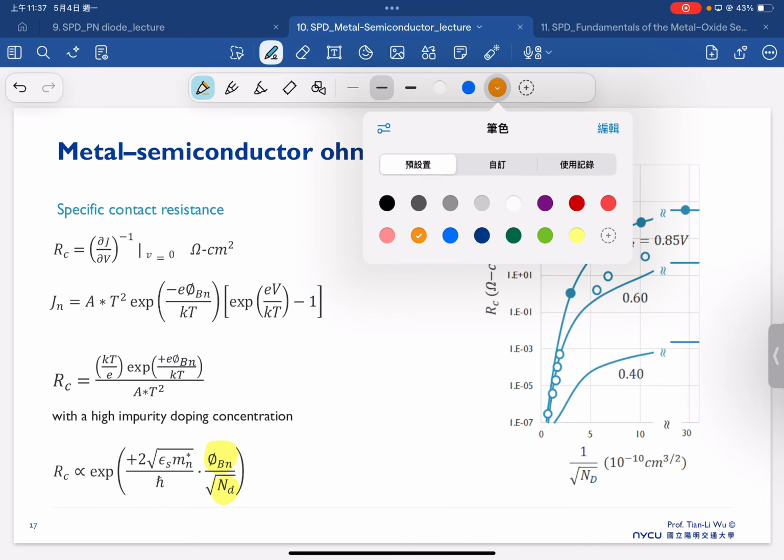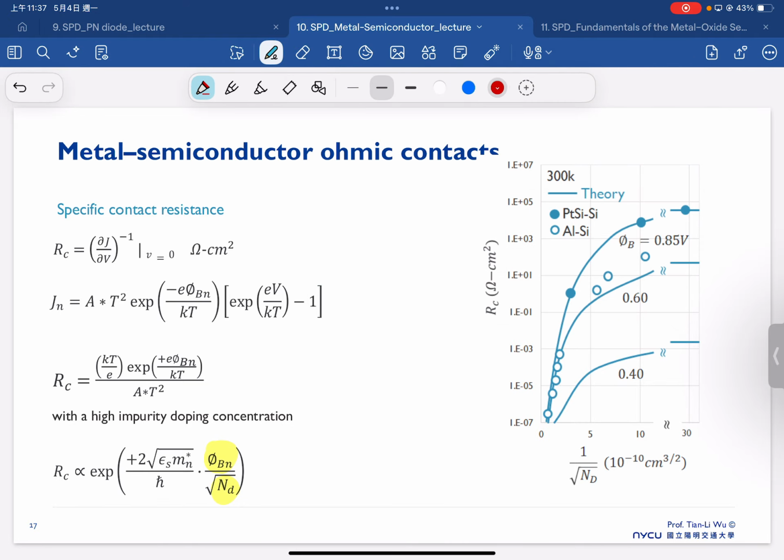So therefore, the typical strategy to make a good contact is always to try to reduce the barrier and increase the doping. Then the goal is to make the contact resistance as small as possible.